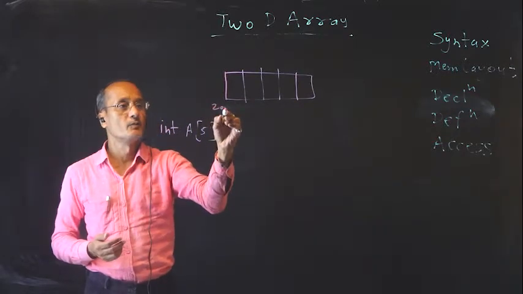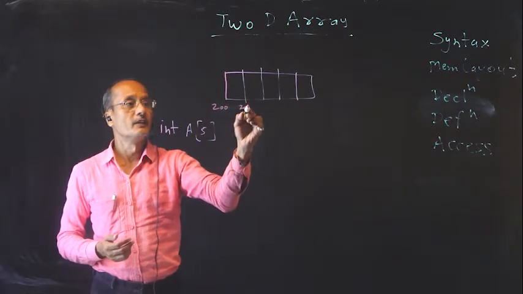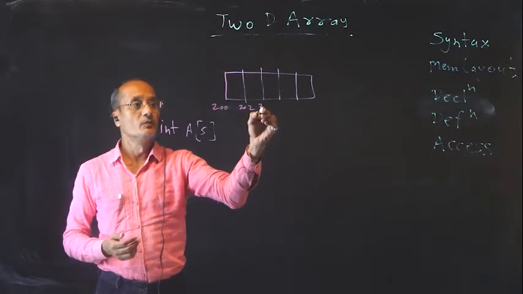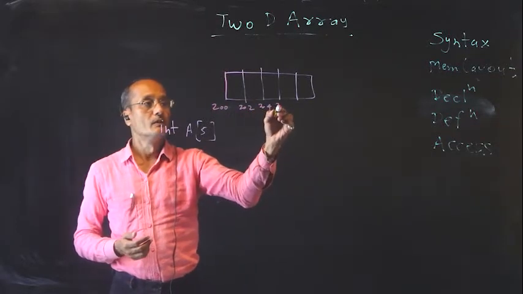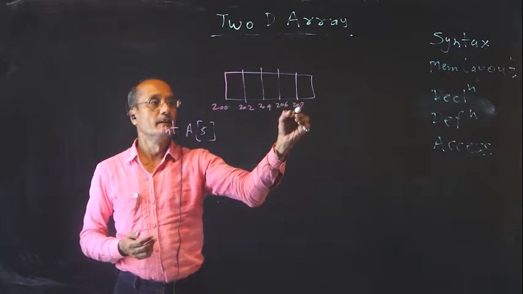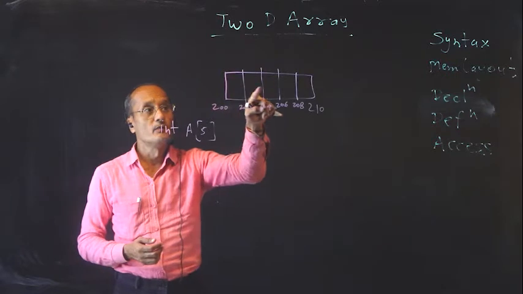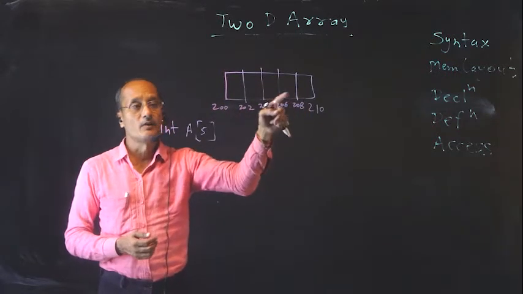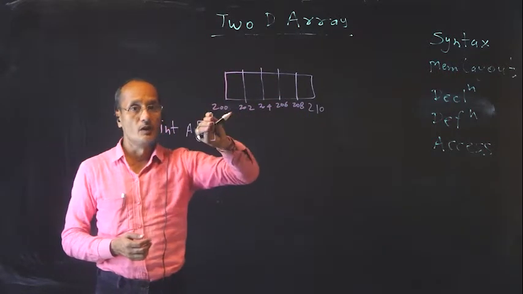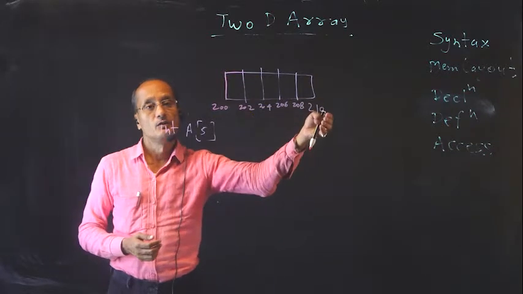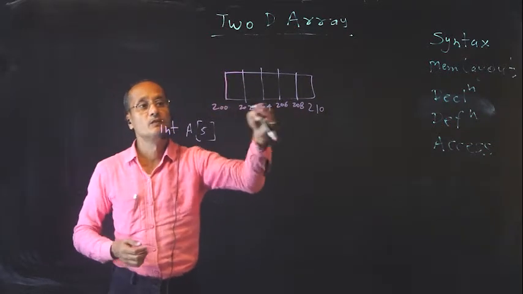Memory starts from 200. This will be at 202, this will be at 204, 206, 208, and lastly 210. So my first five elements are sitting from 200 onwards up to 210. In this zone, these elements are seated.